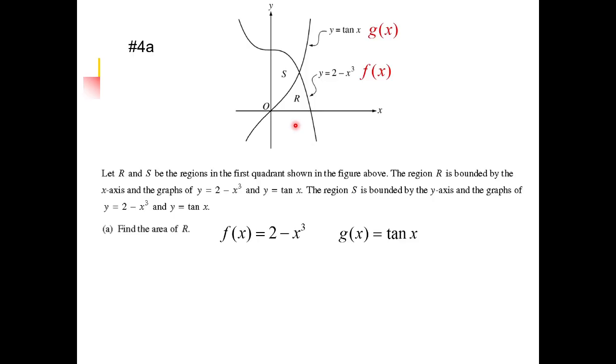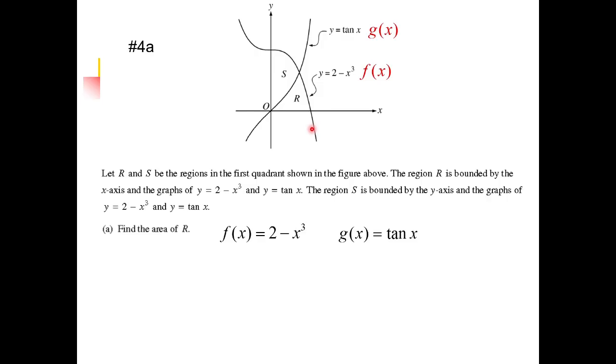Now, to find the area of R is a little bit tricky because if I'm thinking about distance strips and the distance between an upper function and a lower function, that's all well and good, except that we're changing functions at this spot right here. It changes from being the g function to the f function. So there's a couple ways I could deal with this problem.